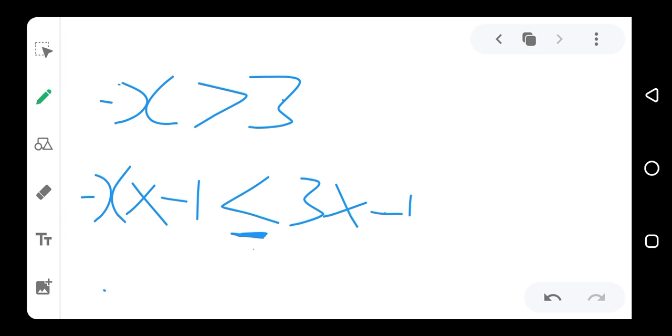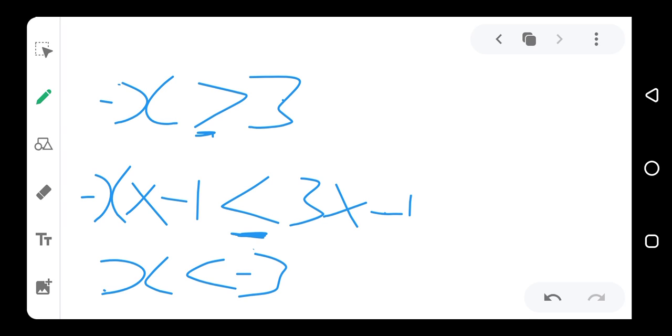If we're dividing both sides by a negative number, we also change the sign. So the greater than here is now changing to less than. So that means that x is less than minus 3.